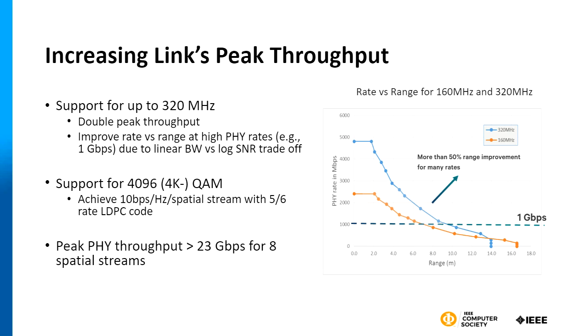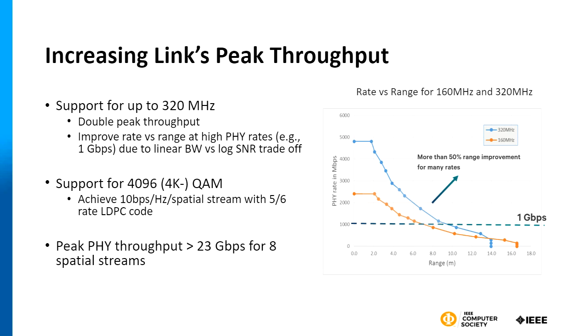This improvement is due to linear bandwidth versus log SNR trade-offs. You can see in the right figure more than 50% range improvement for many of the rates that are available from a standards perspective.